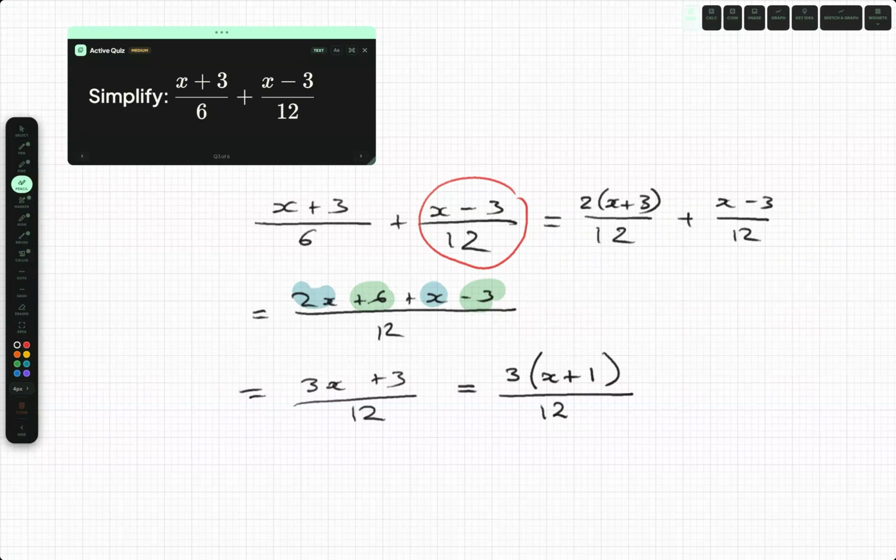And now that we have these as essentially two multiplying factors, we can divide both the top and the bottom by a common factor between the 3 and the 12. So if I divide the top by 3, I get 1, and the bottom by 3, I get 4. And this ends up with 1 times x plus 1 is just x plus 1 all over 4. And we've made a very complex starting point look much more simple.